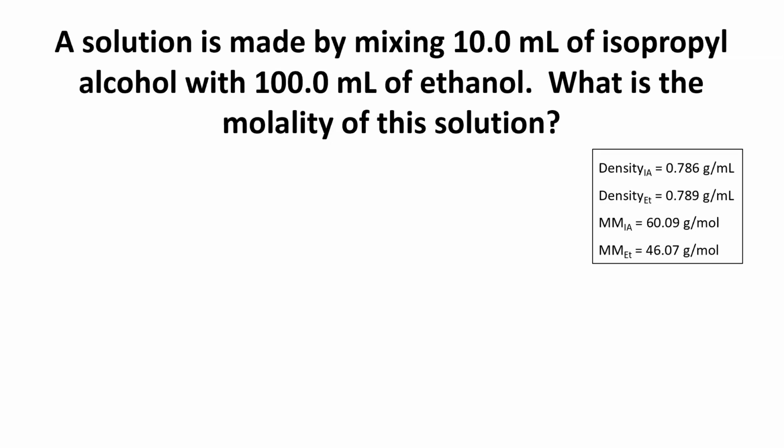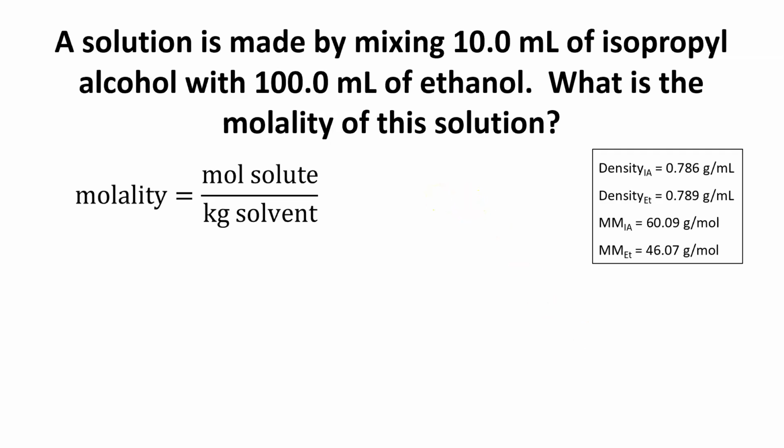So take a look at our story here that accompanies this problem and decide what is the solute and what is the solvent. And then pause the video and take a moment to try and calculate the molality. All right, so again, molality is moles of our solute.